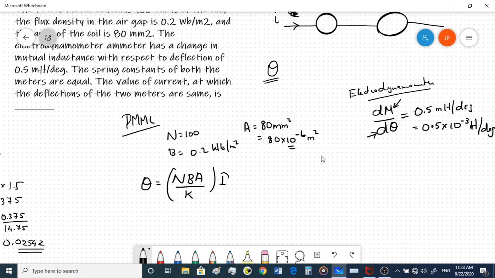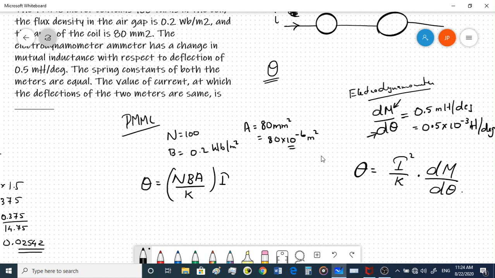Similarly, in electrodynamometer type meter, the deflection theta is given by theta is equal to I square by K into dM by d theta, right?